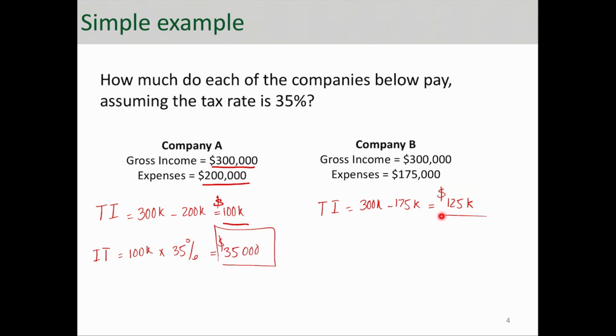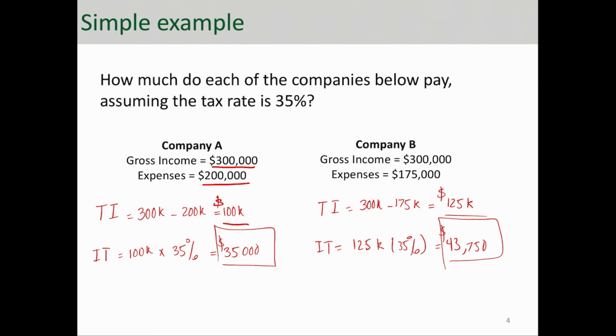Now, $125,000 is going to be subjected to 35% tax rate, so the income tax is going to be $125,000 times 35%. And if you do the math here, that is $43,750. And that is larger than the income tax that company A ended up paying.